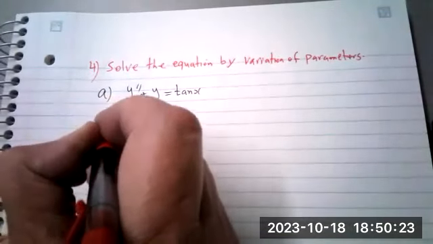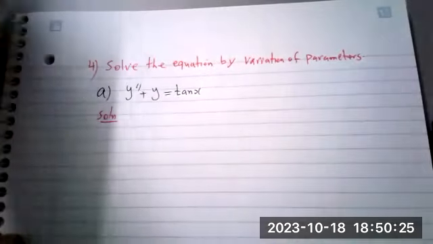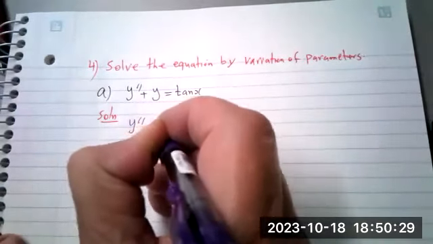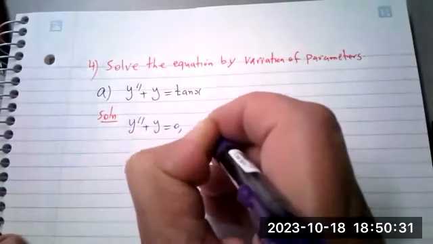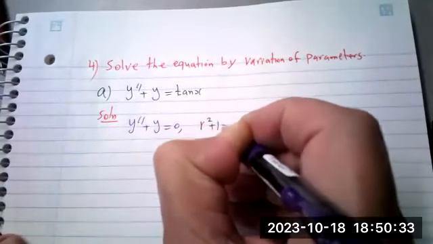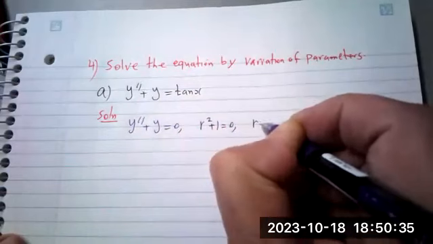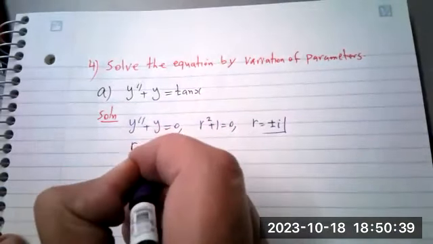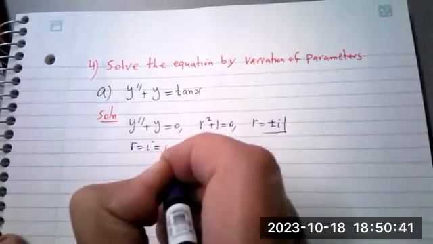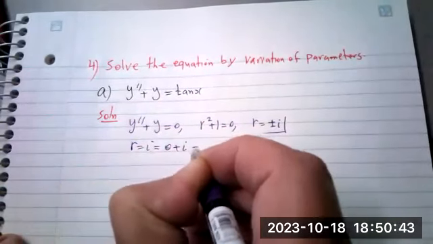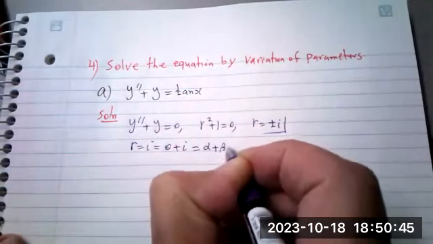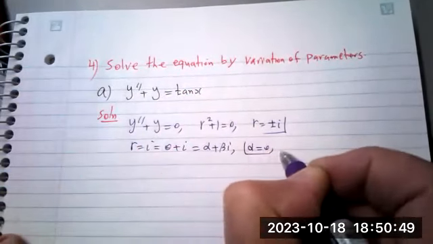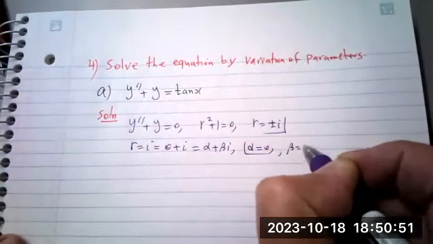Quickly, we solve the homogeneous one first because we need that solution. So y double prime plus y equals 0. The characteristic equation is r squared plus 1, so r is plus or minus i. It's 0 plus i, alpha plus beta i. You don't have to write it, but I remind you alpha is 0, beta is 1.